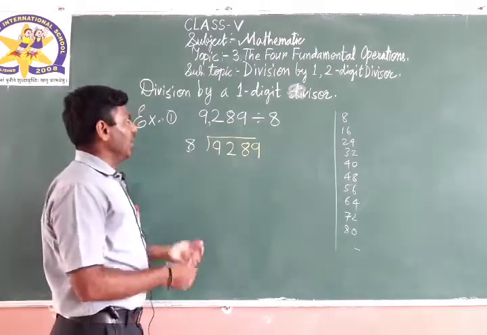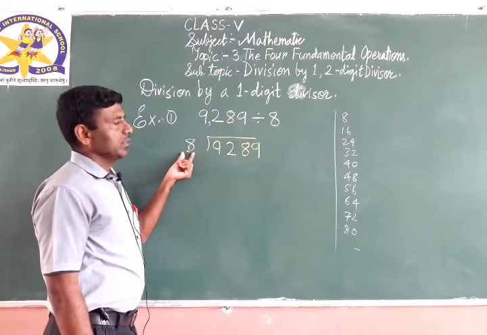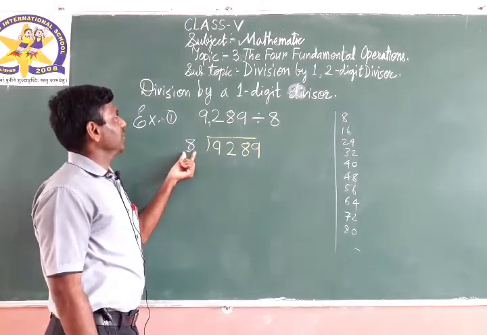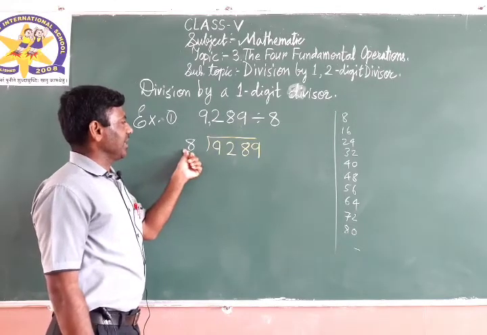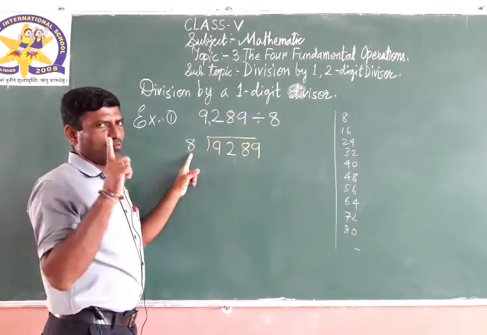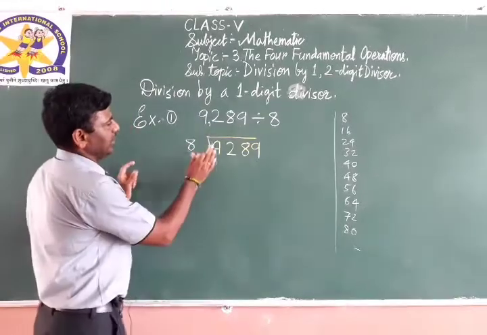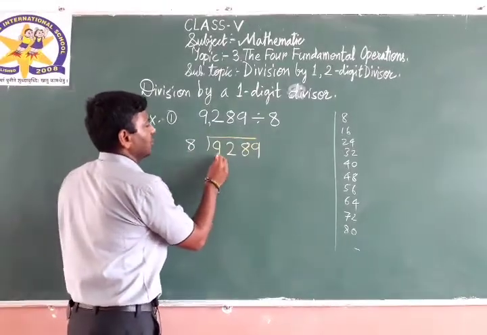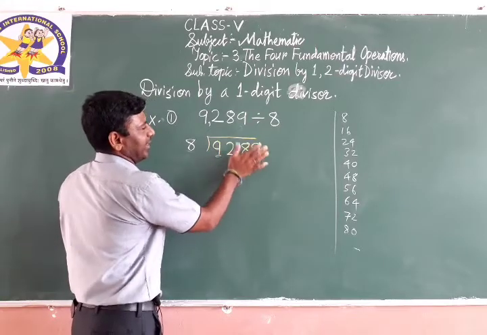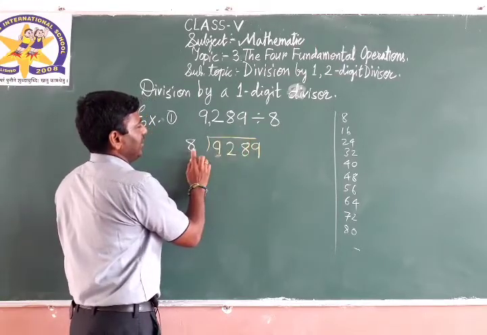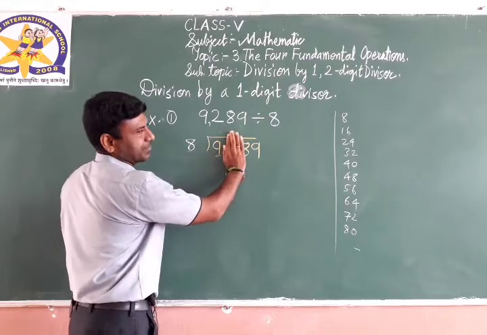Now focus on the divisor. The divisor is having how many digits? One digit. So in the dividend focus on only one digit. Forget that this is 289, only 89 divided by 8.